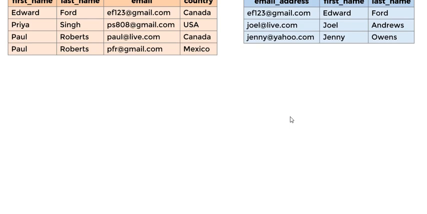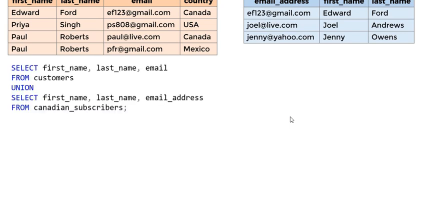Okay, let's go for an example. On the left we have a table called customers, and on the right we have a table called Canadian subscribers. Let's join them by union.